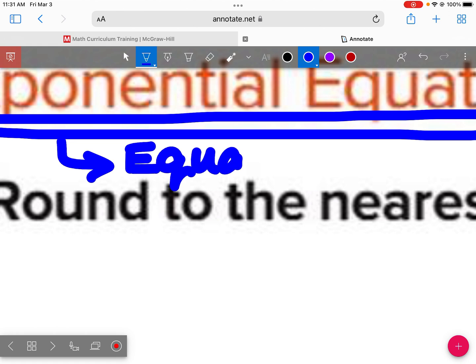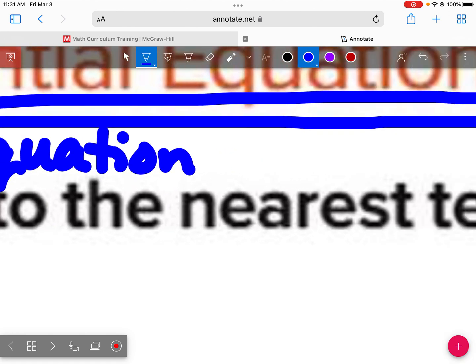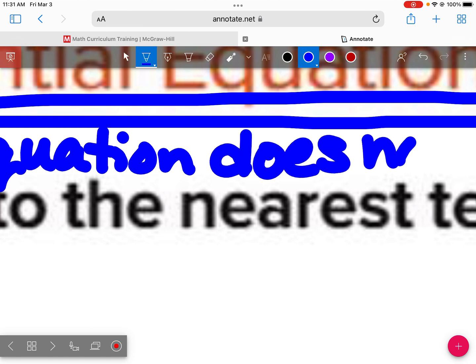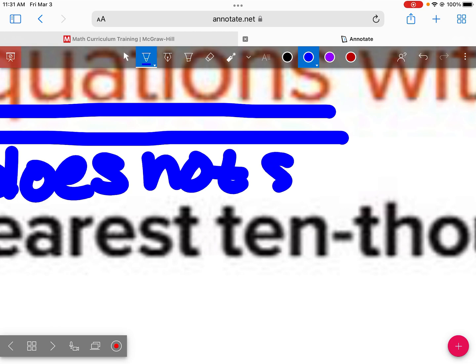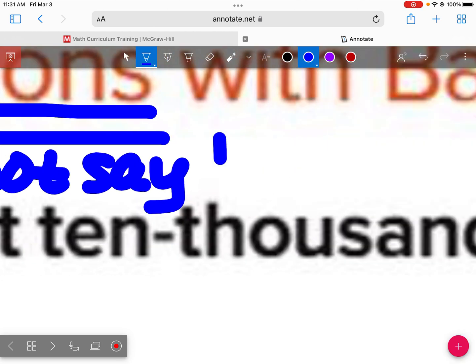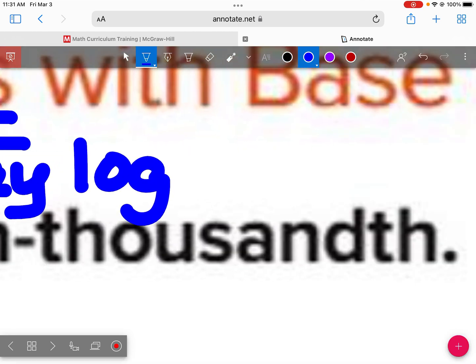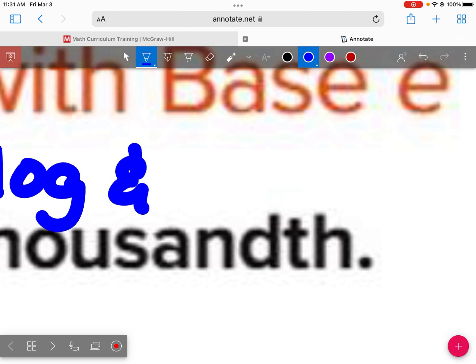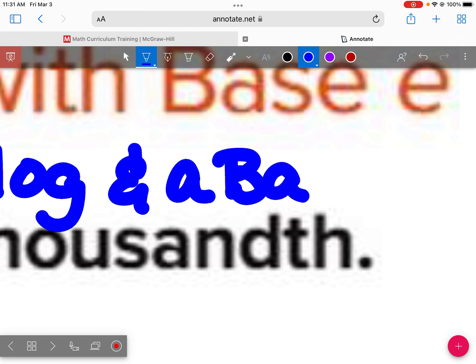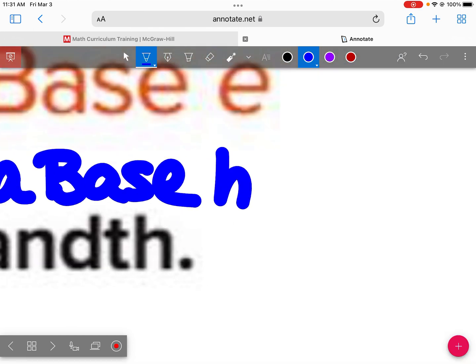Exponential equation. Does not say log. And a base has an exponent.